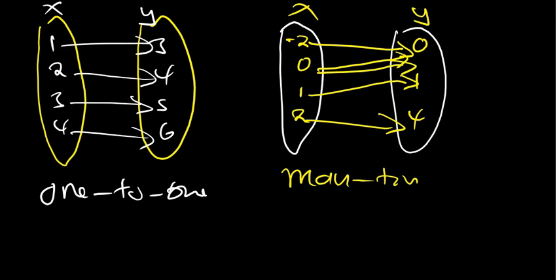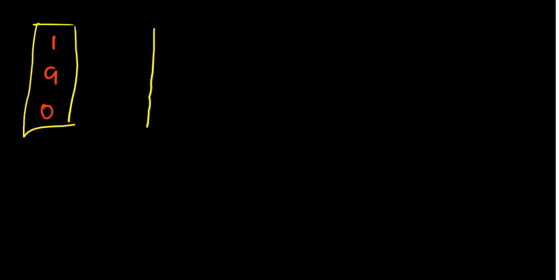Then there's also what we call a different one. Let's say we have 1 here, let's have 9, and let's have a 0. Then on this side, let's have 1, 3, -3, 0.